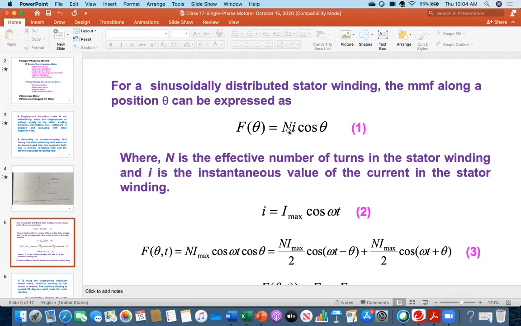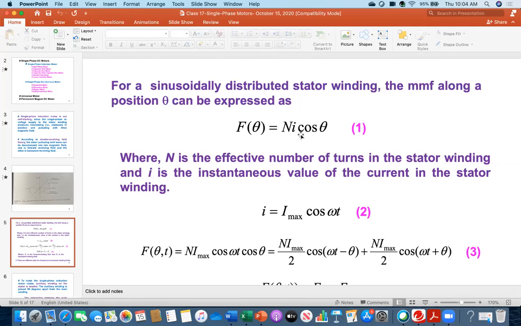Here we are using the term MMF, magnetomotive force. For a coil, magnetomotive force means multiplication of current and number of turns. Everybody note down the definition of the magnetomotive force of a coil: the number of turns multiplied by the current flowing through it. That is called the magnetomotive force, Ni.